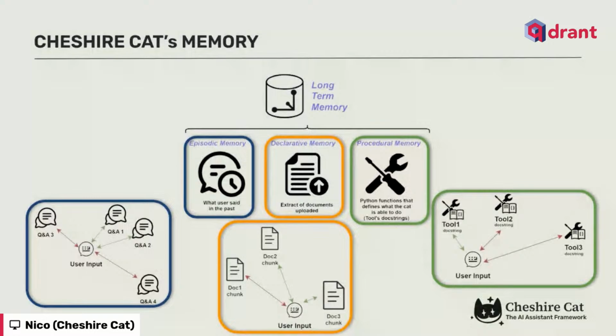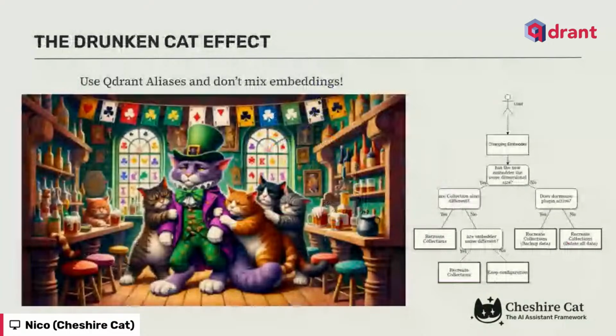We explore the aliases feature, the Qdrant aliases feature, and we called this topic the drunken cat effect, because if we have several embedders, or for example two embedders with the same dimension, we can put in the collection, in the episodic or declarative collection, vectors from two different embeddings with the same dimension, but the points are different for the same sentences.